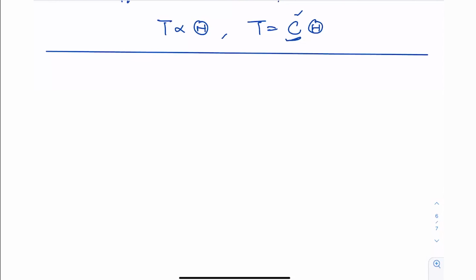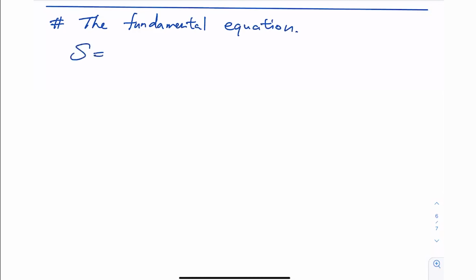me try to continue. Now I'm going to talk about the fundamental equation, where the entropy should be expressed as a function of extensive variables, and X0 is usually denoted by the internal energy.